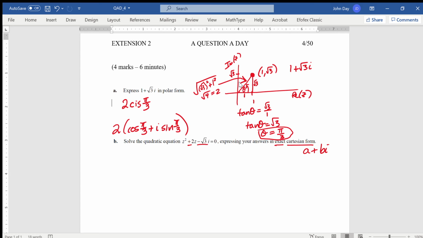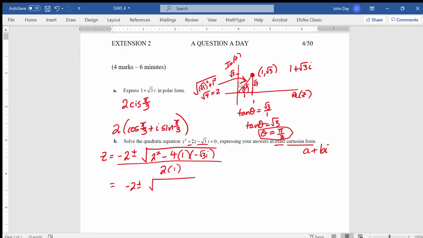So we've got that z equals minus b plus or minus the square root of b squared minus 4ac, all over 2a. So minus 2 plus or minus root of 4 plus 4 root 3i, on 2.